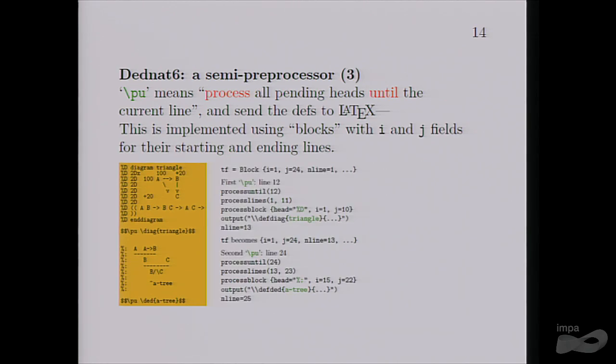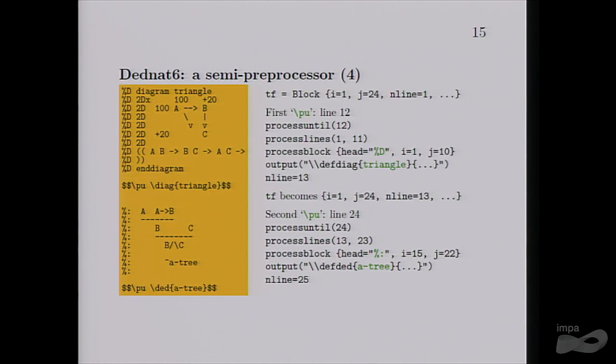Anyway, sorry, let me take a better example. Here, this is an enlargement of the thing that I showed before, but with more detail. In the beginning, we have a TeX file. In this small example, it's a block that starts on line 1 and ends at line 24. And this block here says that we are currently at line 1.